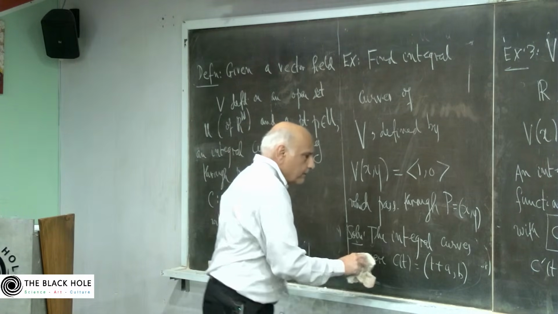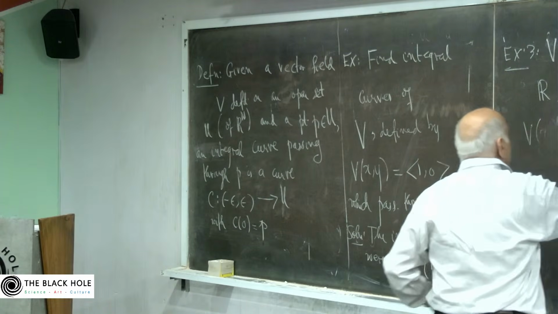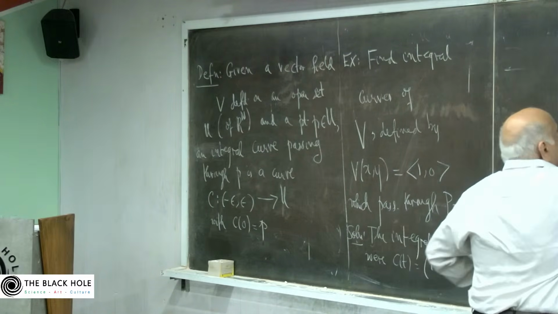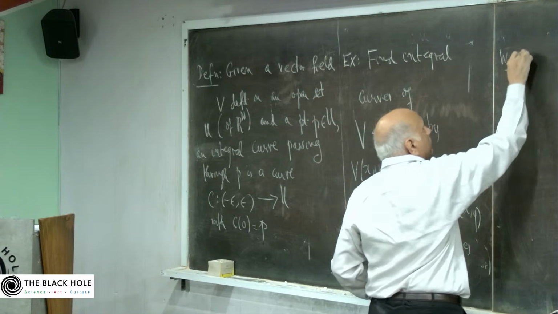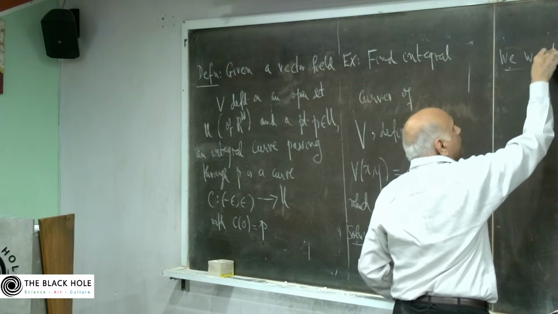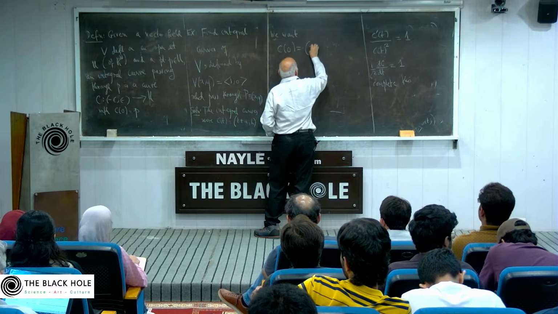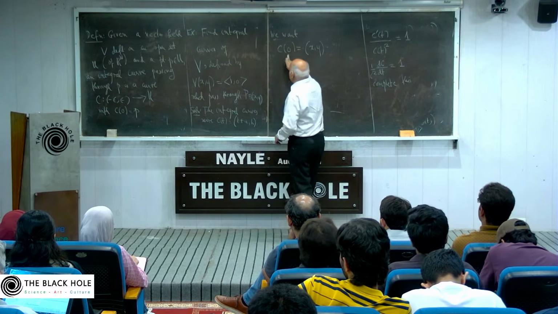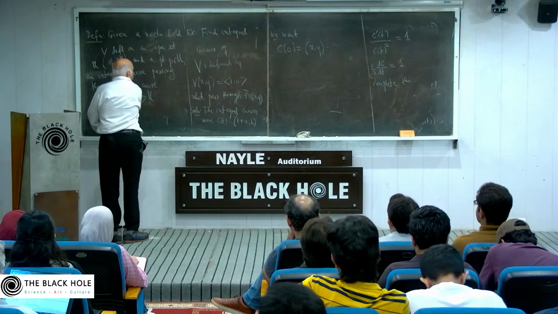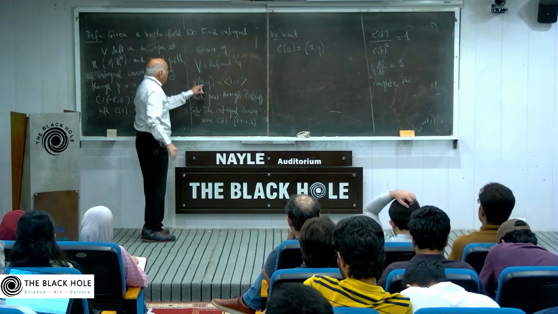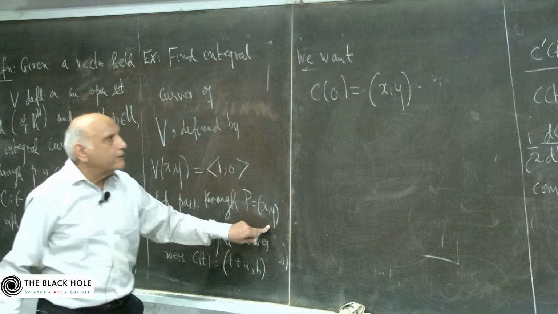And we want C of 0 to pass through the point P. I said this is a vector field and it passes through the point x y, right?